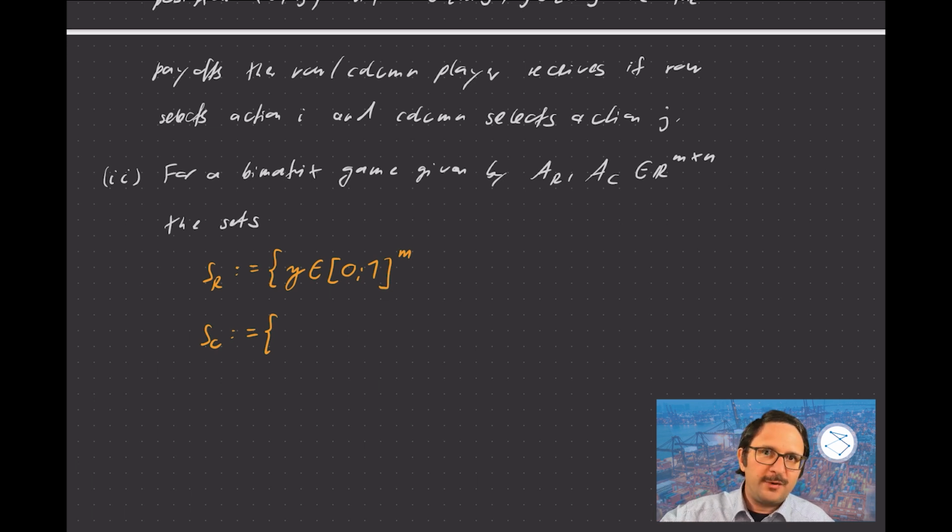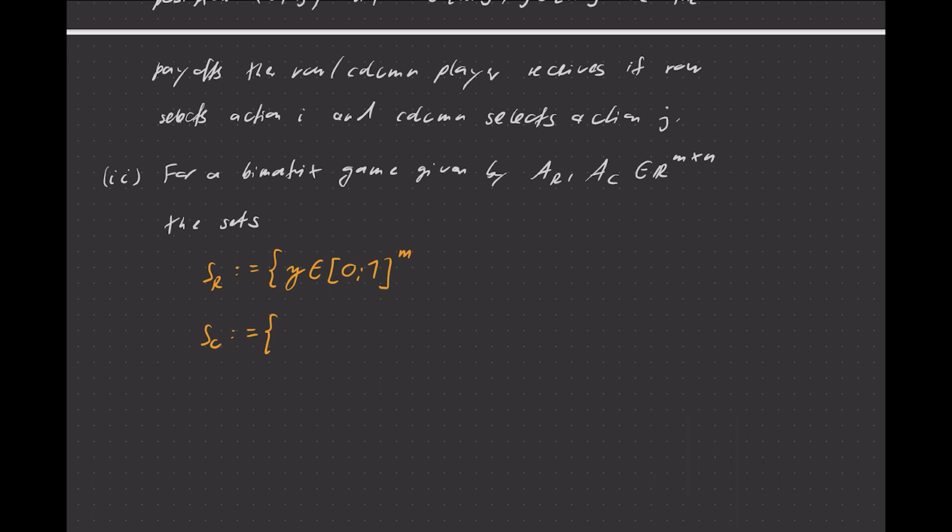That means you're only playing one strategy. Okay, so that's this vector. And of course, if we want these entries to reflect a probability, then they will have to sum up to 100%. So the sum of the entries yi is 1. So that's what defines a strategy for the row player.